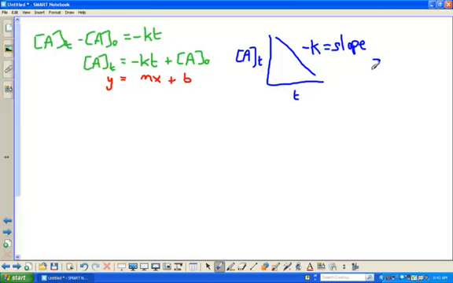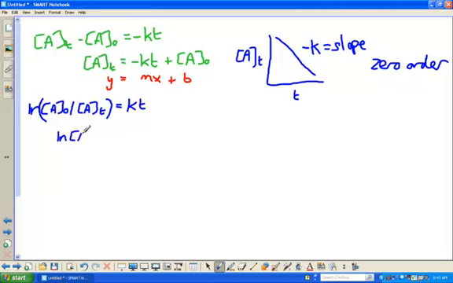Now let's do the same for first order. We saw over on the other slide that for a first order reaction, the natural log of my two concentrations, should be brackets there, is equal to this. And if I rearrange that, I can say the natural log of my concentration at time t is equal to the negative of kt plus the natural log of my initial concentration.